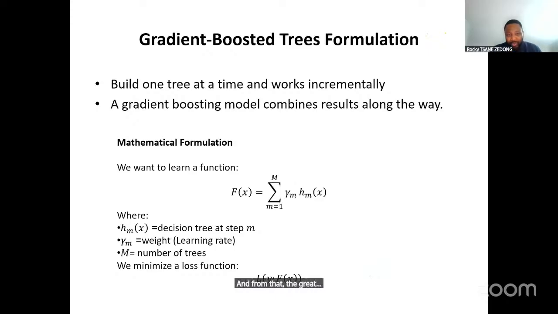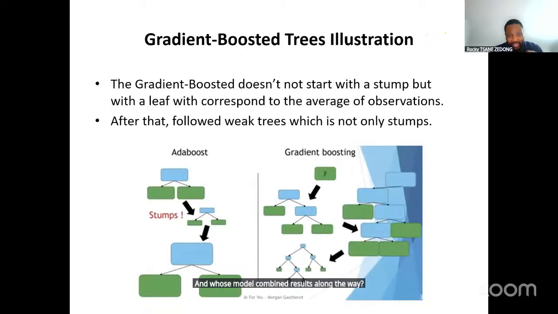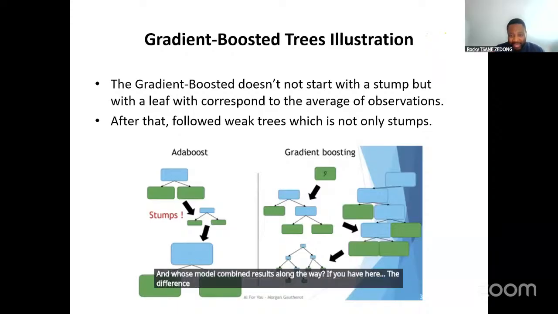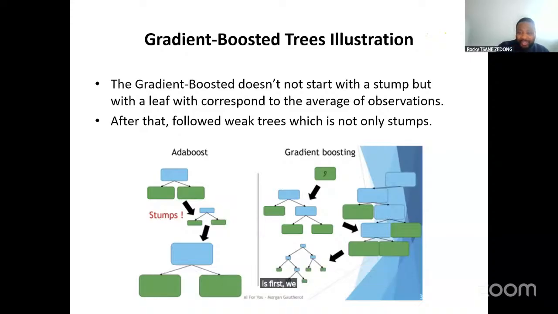And from that, if you come back to the gradient boost formulation, we have a sum of decision trees which work incrementally, and whose models combine results along the way. The difference between AdaBoost and gradient boosting is, first, we don't start with a stump.